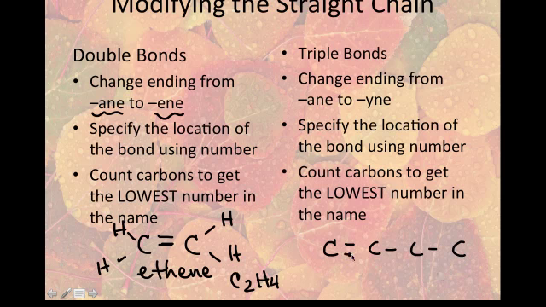And with butane, I can put a double bond here, or I can put a double bond here. So I would need to distinguish between these two. Of course, there's hydrogens everywhere. It's pretty common to just show the carbon backbone and not the hydrogens. So in this case, I have the bond on the first carbon. In this case, I have the bond on the second carbon. So we count the carbons to get the lowest number in the name.